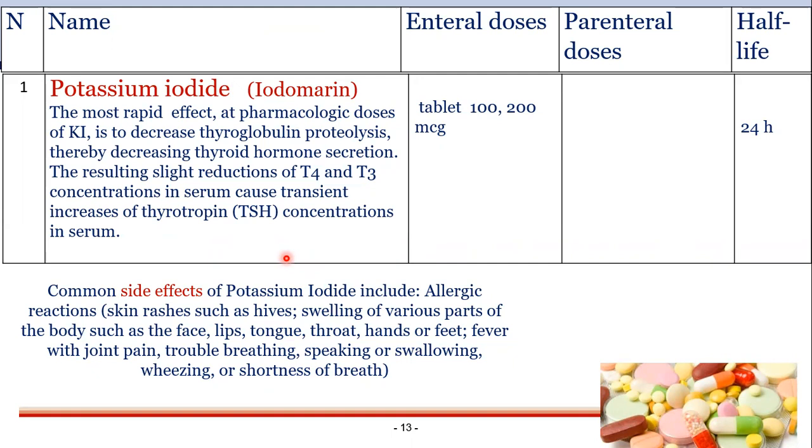Common side effects of potassium iodide include allergic reaction, skin rashes such as hives, swelling of various parts of the body such as face, lips, tongue, throat, hands, and feet, fever with joint pain, trouble breathing or speaking, sneezing, or shortness of breath.